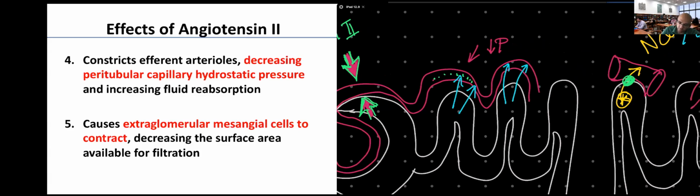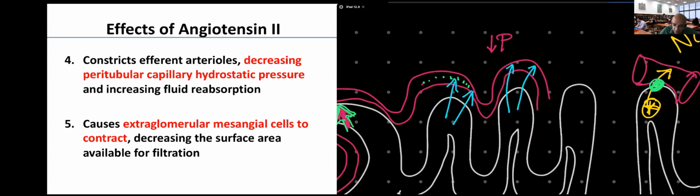If I have a decline in the pressure, remember the hydrostatic pressure is pushing fluid out. So I did decline the pushing force in the peritubular capillary. So my ability to allow the fluid to move back to my blood, did it increase or decrease when I reduced this pressure?